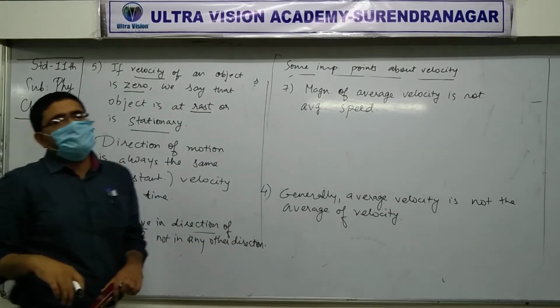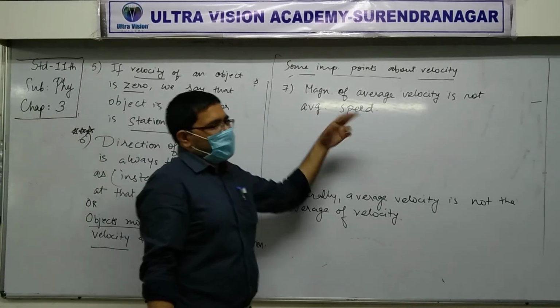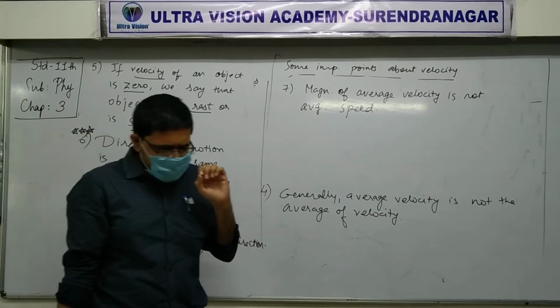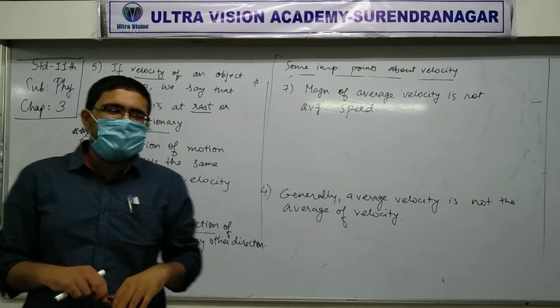You know, this question comes up in students' minds quite often. Magnitude of velocity is speed. Then is magnitude of average velocity the average speed? No, never. Strange, but it's not. Magnitude of average velocity is not average speed. Generally not. In some exceptional, special cases, it can become equal, but generally it is not.